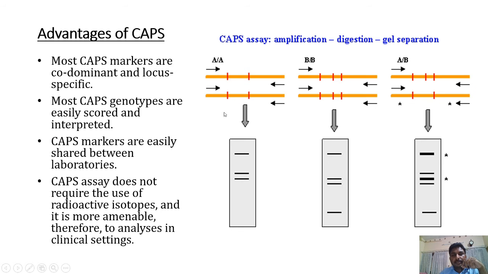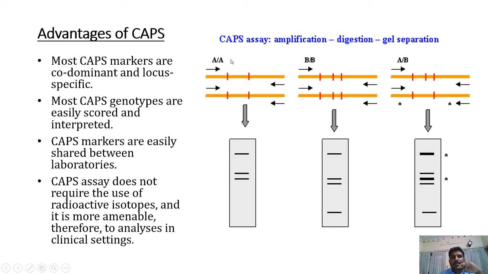Here we are considering three kinds of organisms for a particular gene. That particular gene has two polymorphisms, allele A and allele B. So there are three kinds of organisms: homozygous for A, homozygous for B, and heterozygous, that is, both alleles come in one.